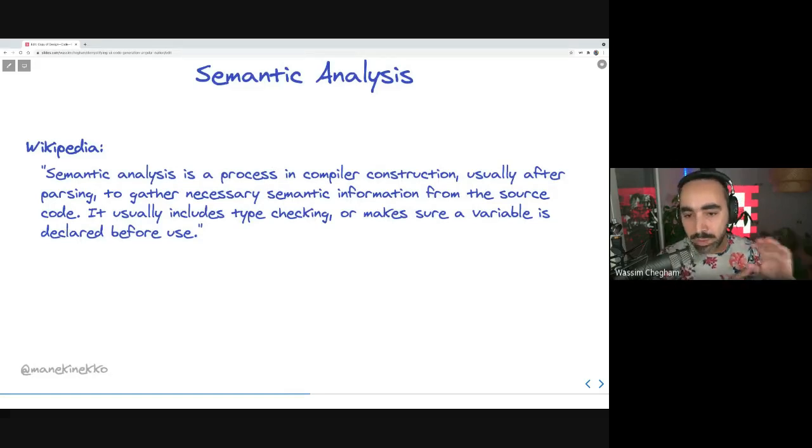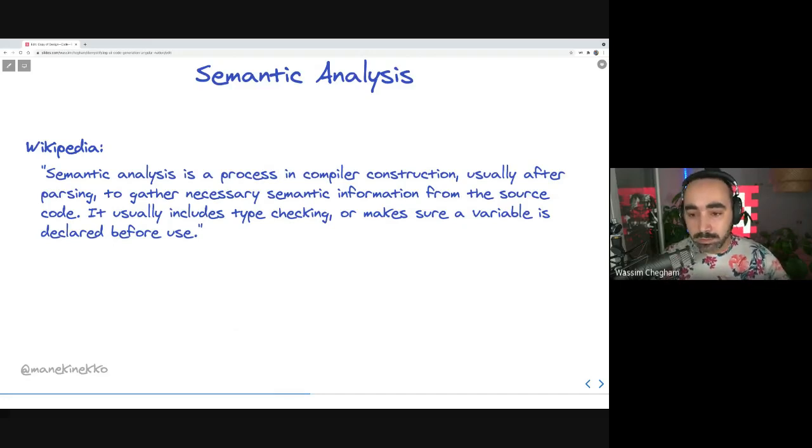I'm just quoting Wikipedia here, because semantic analysis is basically the process where our compiler, after the parsing and gathering the lexical information, also gathers some semantic, meaningful information about your program.